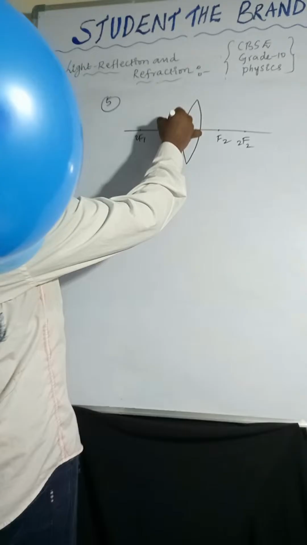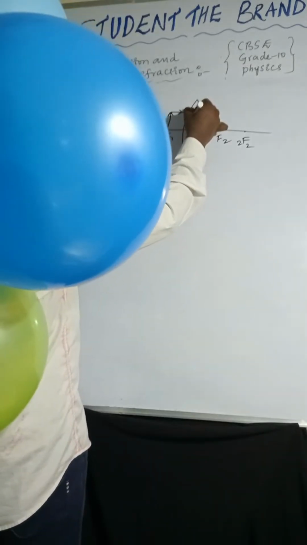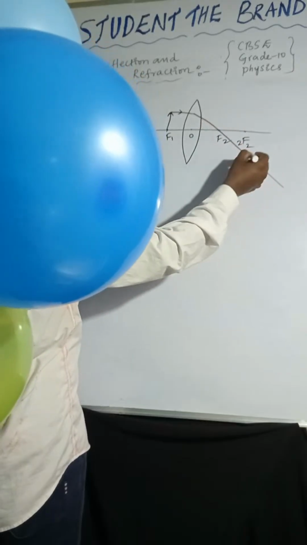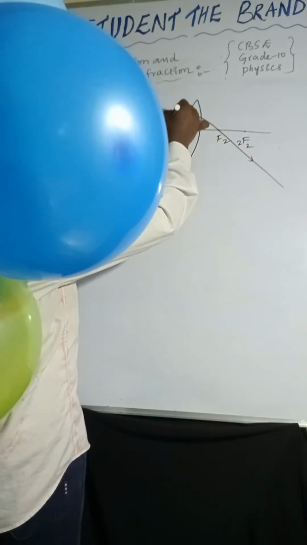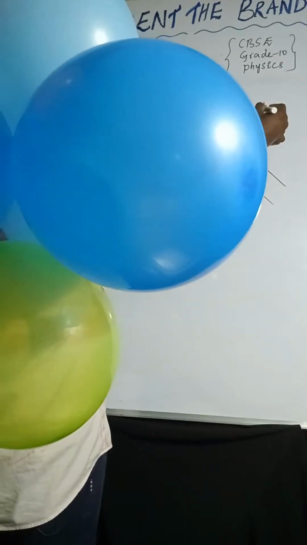One light ray I am taking like this, it passes through focus. Another light ray passes through optic center. So the object is at F1.